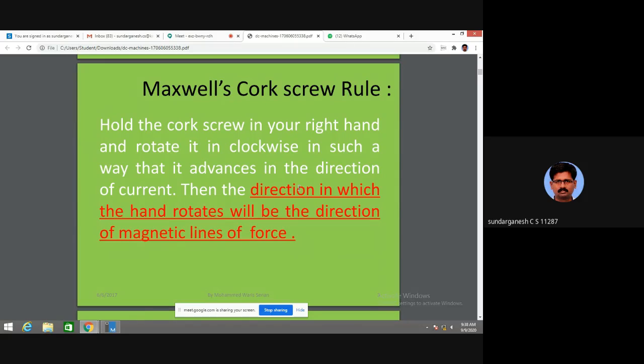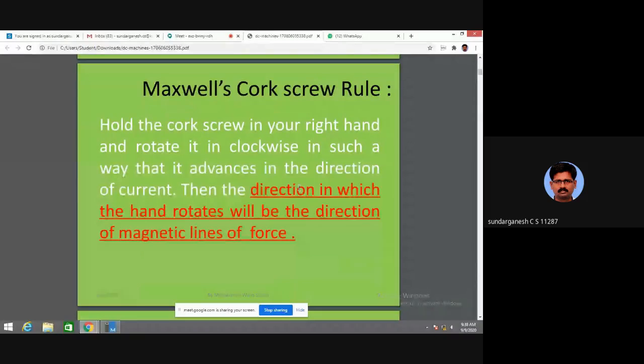Okay. So you are holding the corkscrew in the right hand and rotating in the clockwise direction. The screw will advance in the direction of the current. It will go inside the required location. If you unscrew, it will come outside. The direction of rotation of the hand will indicate the direction of rotation of the magnetic lines of force.